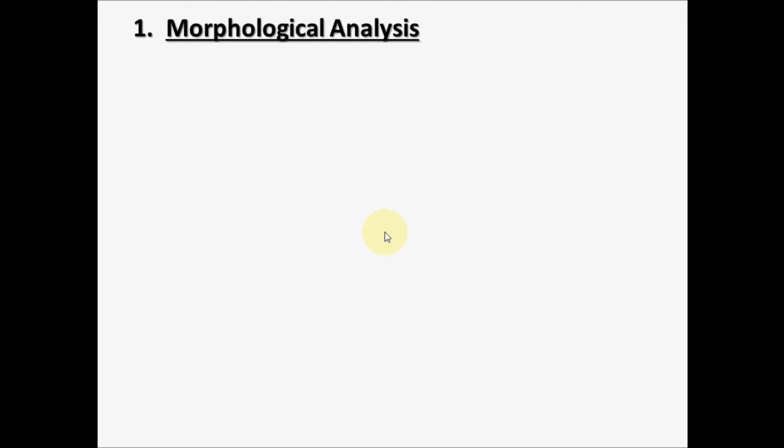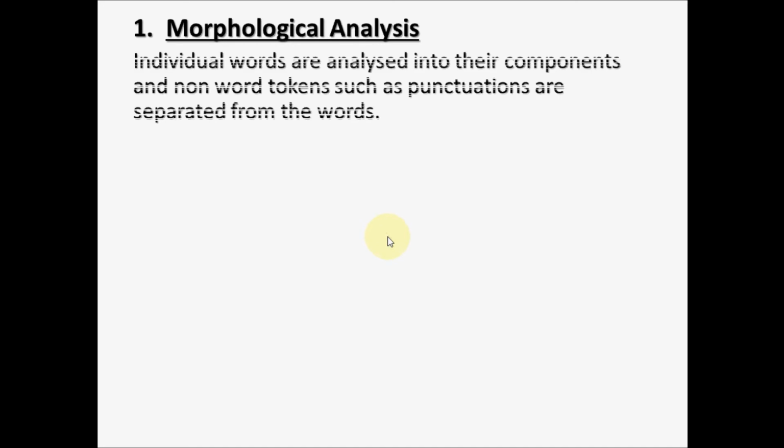Here the individual words are analyzed into their components, and non-token words such as punctuations are separated from the words. Morphological analysis is a process wherein, in a sentence, whichever words are there, we distinguish them as tokens and non-token words.